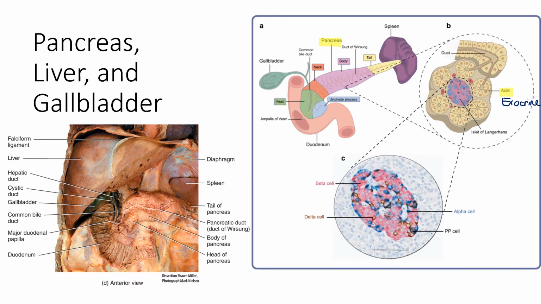They secrete a mixture of fluid and digestive enzymes, which is called pancreatic juice. So they're going to secrete their pancreatic juice into these ducts, which will then go to those two main ducts, like we said before, the pancreatic duct and the accessory duct.